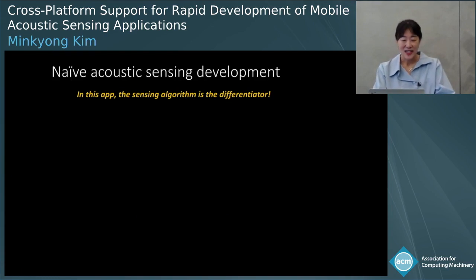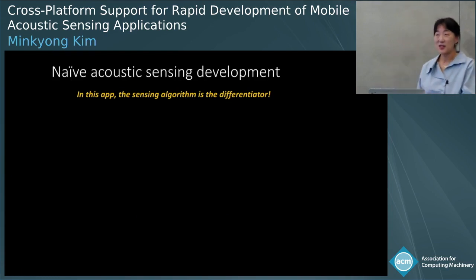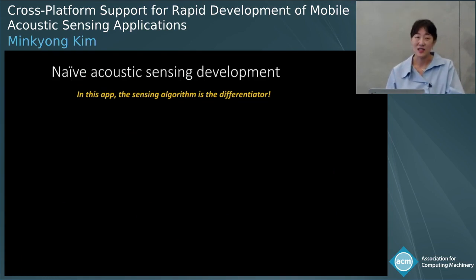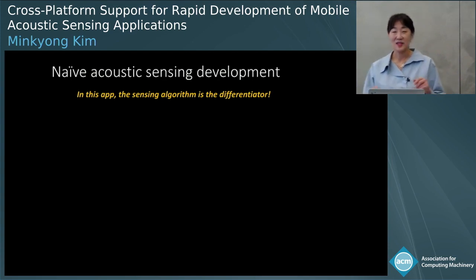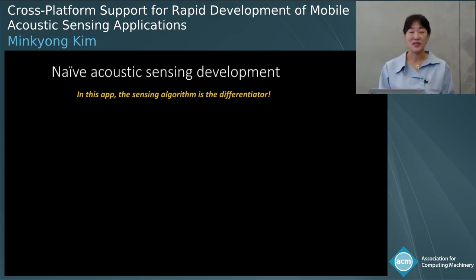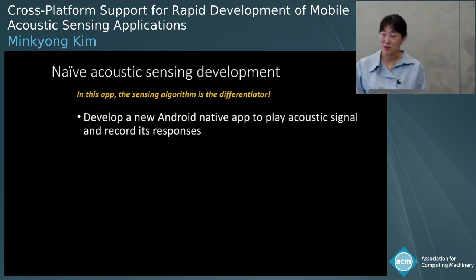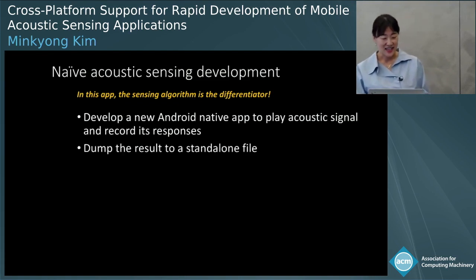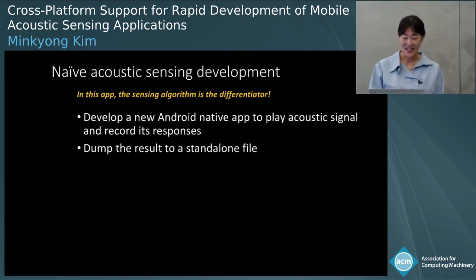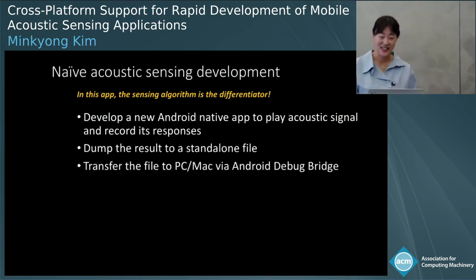So let's look at the typical workflow of how an app that uses acoustic signals gets developed. In this app, let's assume that the sensing algorithm itself is the differentiator. A developer will develop an Android native app to play an acoustic signal and then record its responses. Then dump the result into a file, and move the file to a laptop where there is MATLAB.